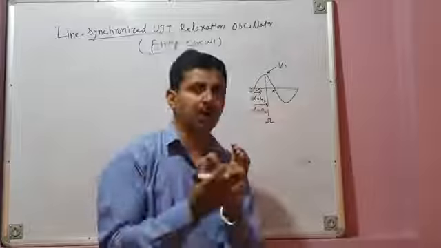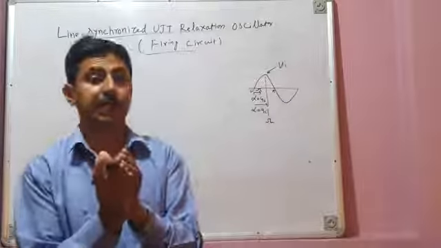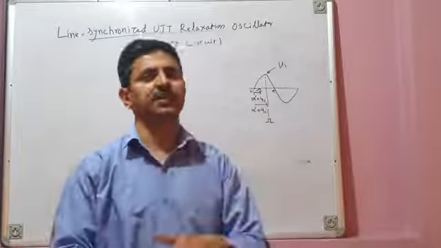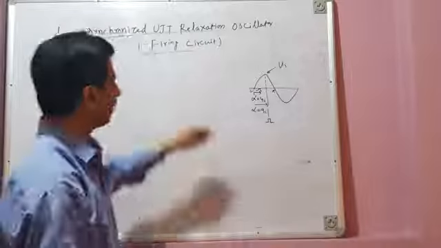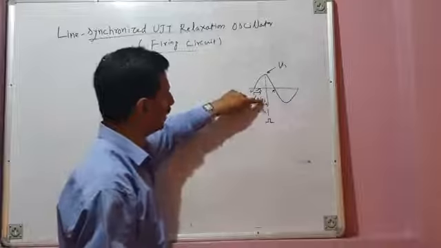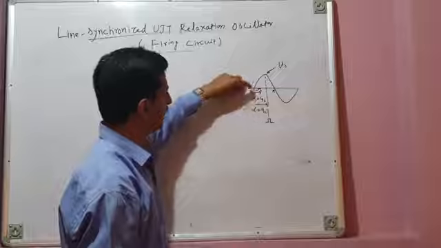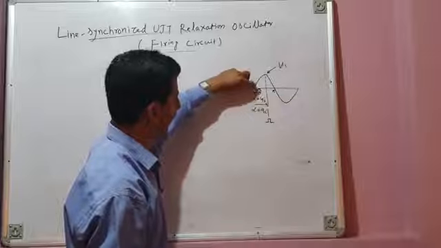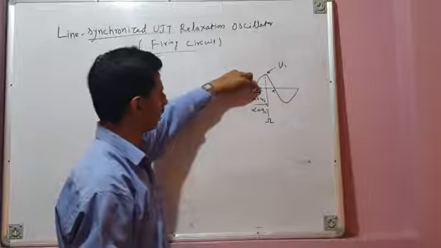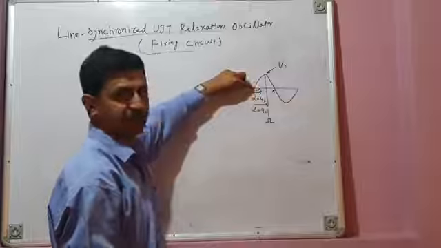That means the occurrence of the firing pulses is synchronized with the 0 crossings of the source voltage. Whether alpha is 40 degrees or 90 degrees, you measure it from the 0 crossing of the source voltage. So the issuance of the firing pulse is synchronized with the 0 crossing.